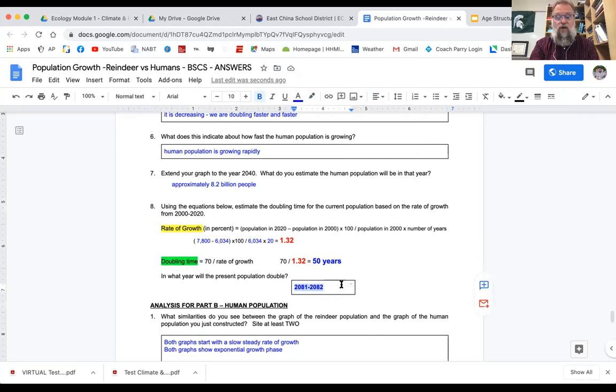So if we take 2020 and add 50 years, about the year 2070, we would hit double what we're currently at. We'd hit a little over 15 billion people. 15 billion. There's nobody around that thinks Earth can support 15 billion. All the experts say that's not possible. There's not enough resources to support 15 billion.